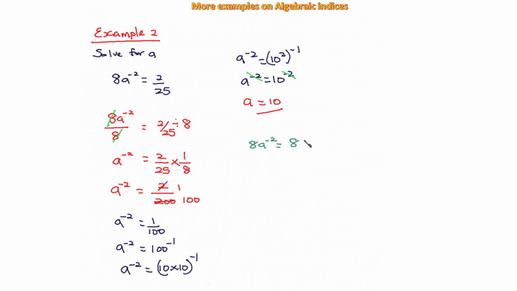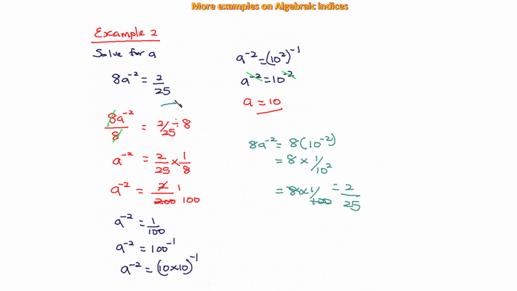Then you have 8 times 10 raised to power minus 2, and that will be 8 times 1 over 10 squared, which is 8 times 1 over 100. Now 4 in 8 is 2, 4 in 100 is 25. Now you get your 2 over 25 here. This is correct. That's just how to go about it.